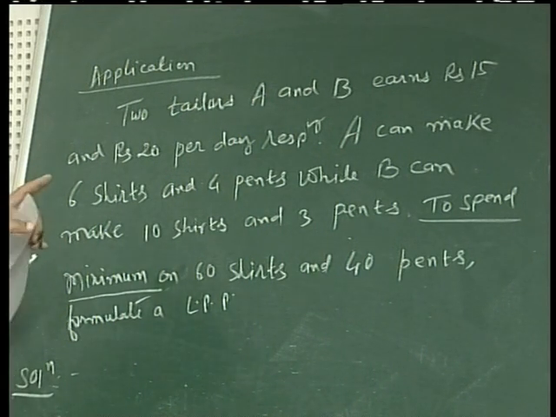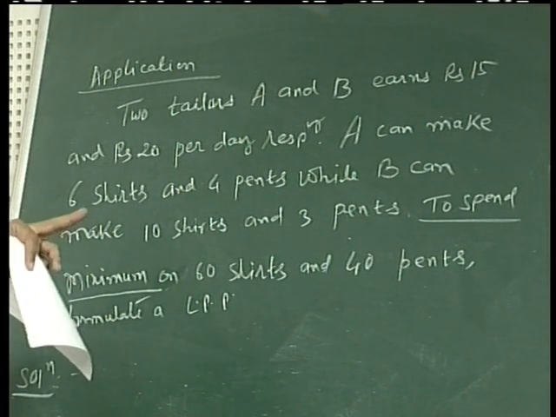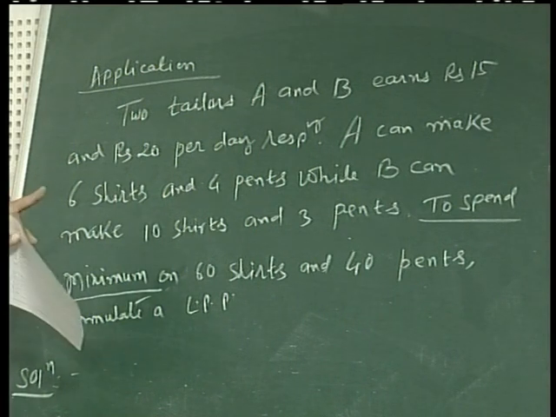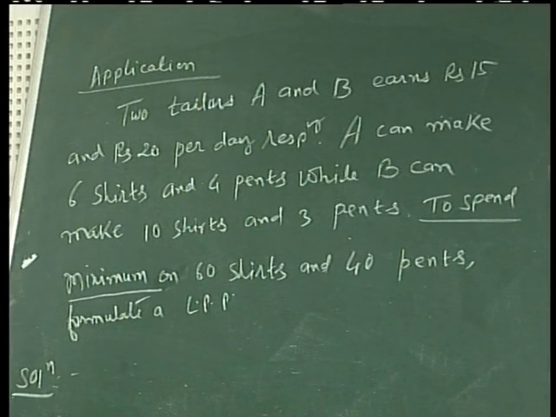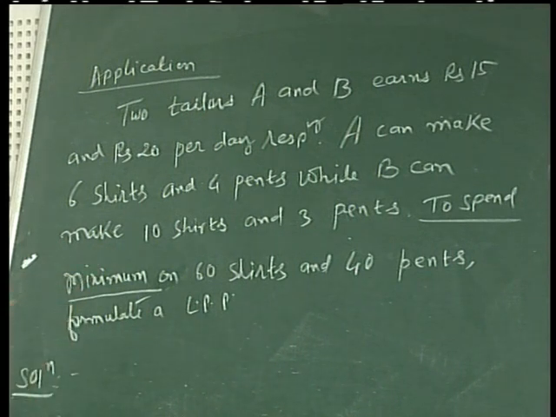So the earnings of tailors A and B are the expenditures made by the opposite party. Rupees 15 and rupees 20 per day describe earnings to the tailors, but they are the expenditures of the person who is asking for the job to be done.